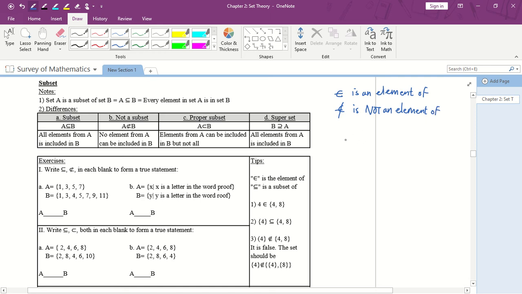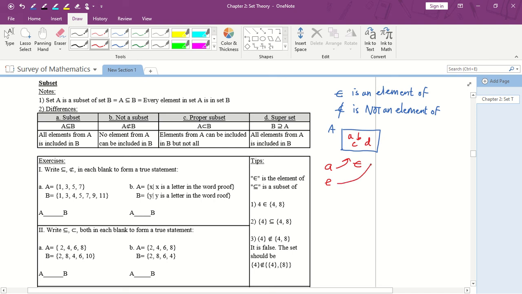Example: I will draw a box. We have A here, B here, C here, and D here. This is box A. Is A an element of this box A? The answer is yes, so we can put the sign "is an element of." If I ask you, is E an element of box A?